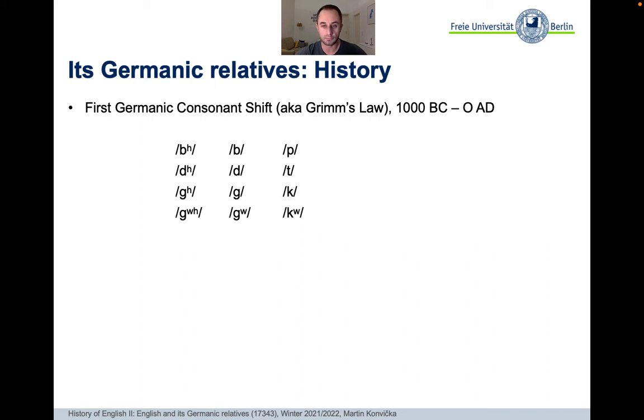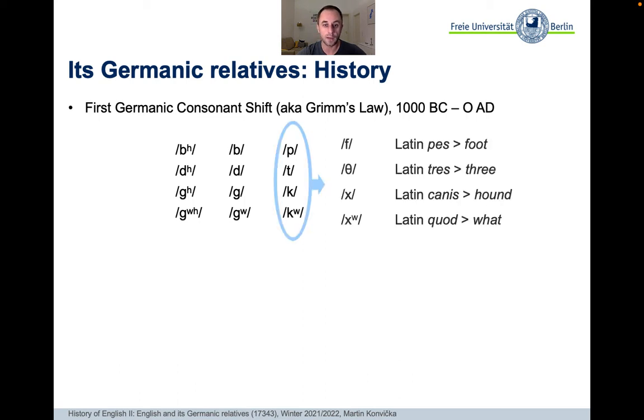So you might remember that this is a phonological process that took place in the first millennium BC, and it affected Proto-Indo-European consonants. And it affected them in the following way.